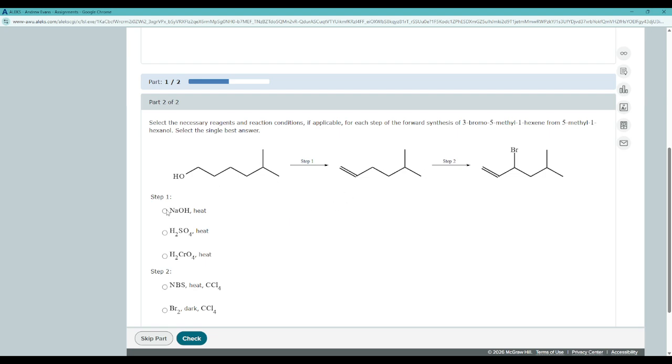We can do it with sulfuric acid, which I think would be the easiest method, with heat to make the alkene.